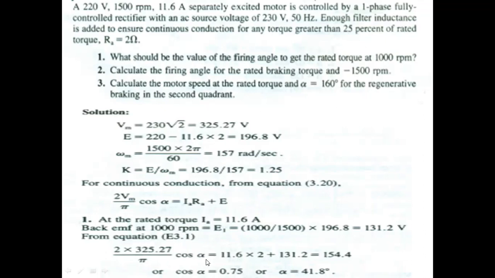So cos alpha is equal to IaRa, where Ia is 11.6 and Ra is 2 ohms, plus the new E of 131.2 volts, because we have to calculate alpha at this voltage. That total is 154.4. So cos alpha is equal to 0.75 and alpha is equal to 41.8 degrees.